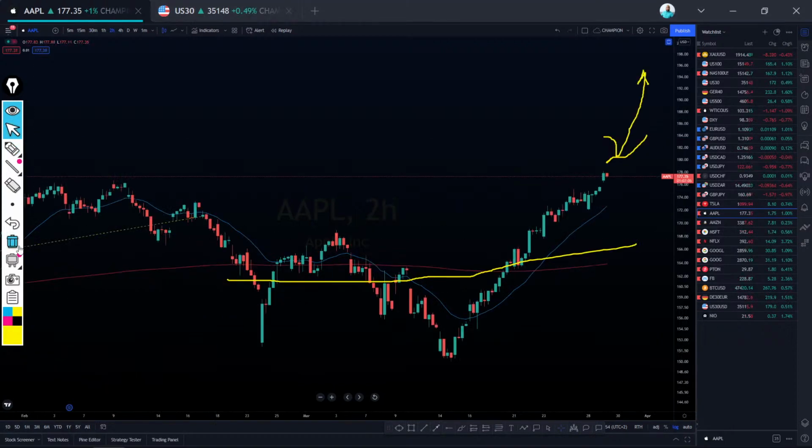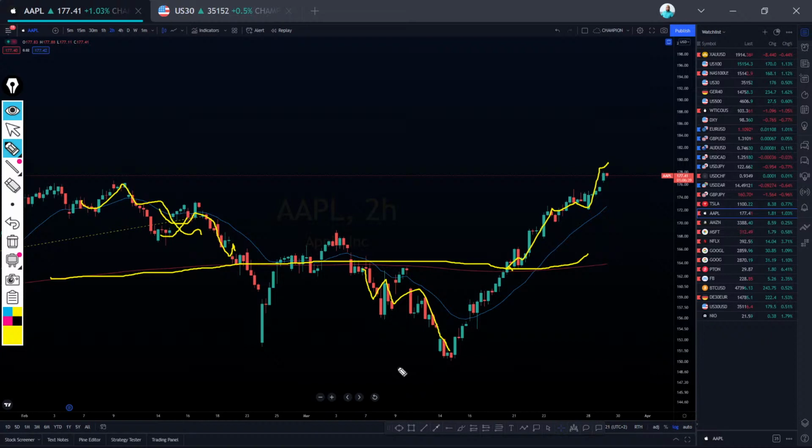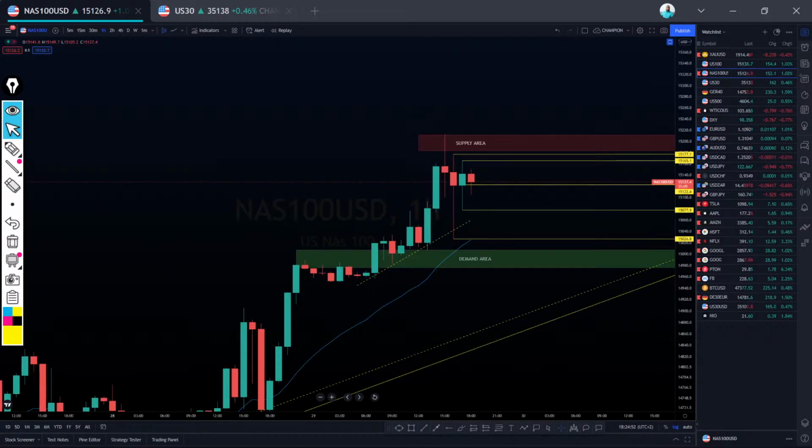Usually when the price is above this 200 SMA or EMA, we look for buy trades. As you can see, it's above it, and now the price will push towards the upside. When the price is below, you will find it pushing towards the downside, being bearish.